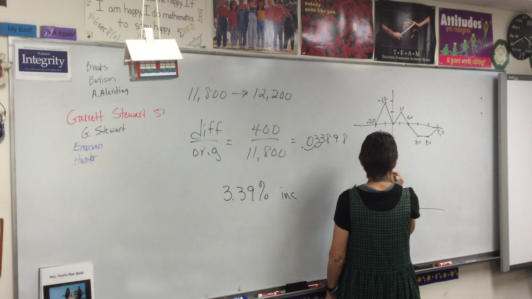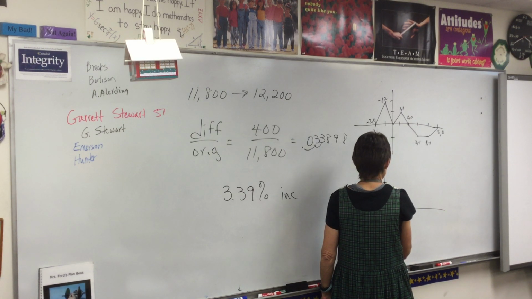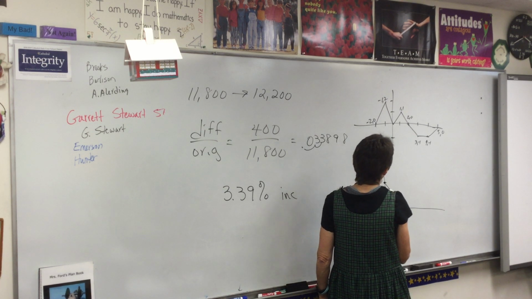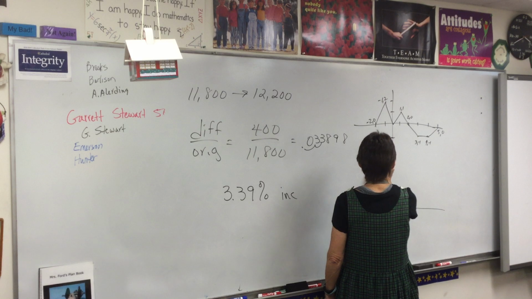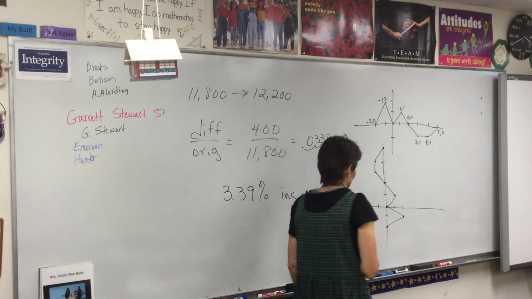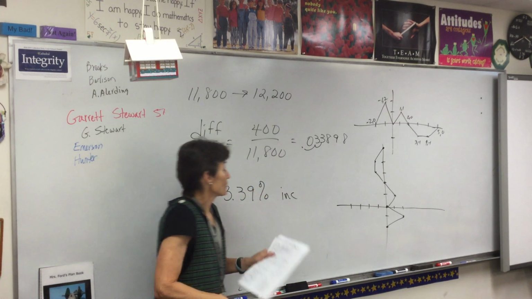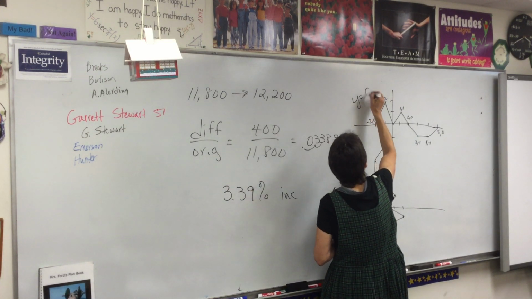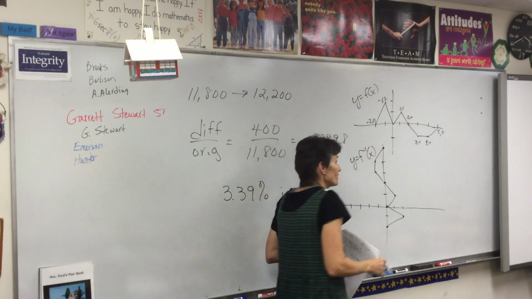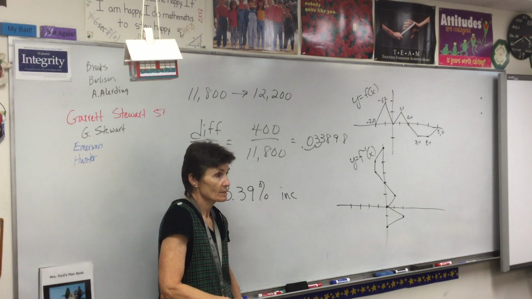Then 1, 1 doesn't change. 0, 2. -1, 3. -1, 4, and 0, 5. So this was the original, and this is the inverse. And I graphed the inverse by simply reversing the ordered pairs.